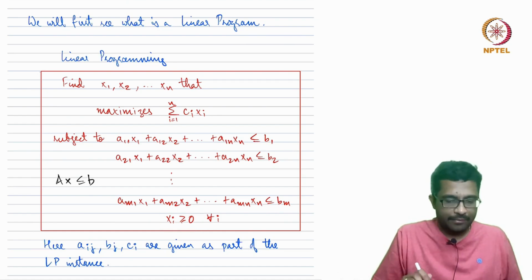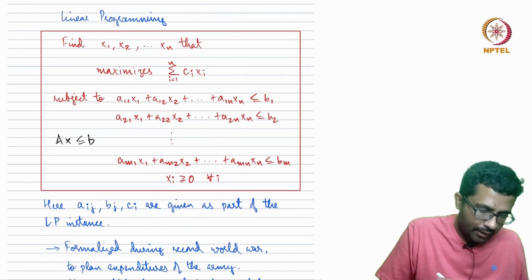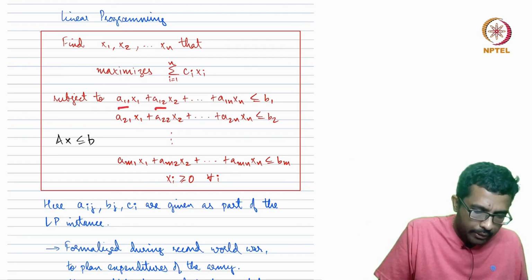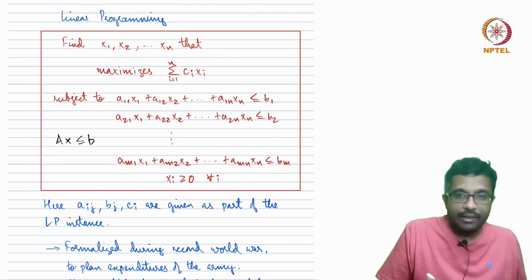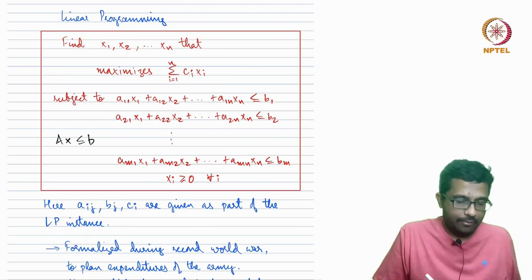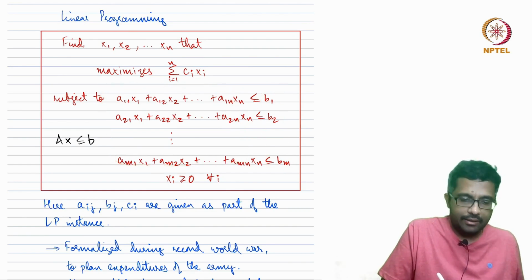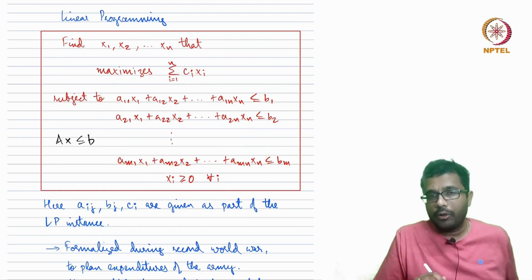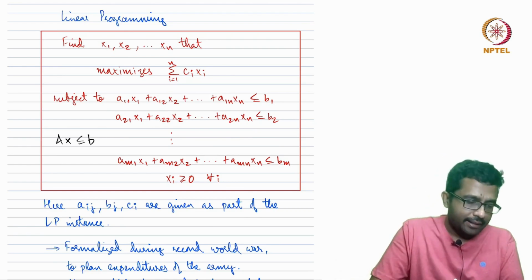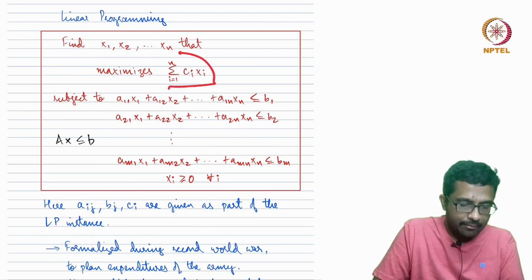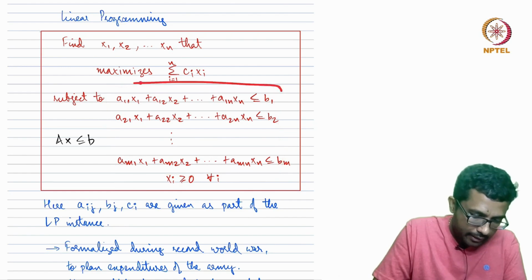The point is, given the matrix A, given the vector B and given the vector C, by that I mean the entire coefficient matrix A, the entire vector B and the entire vector C, we want to determine what are the xi's, x1 to xn, that maximize this sum satisfying this entire criteria.